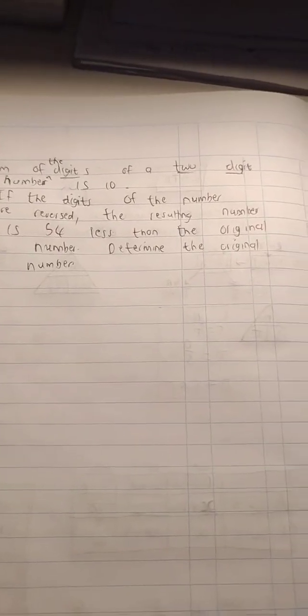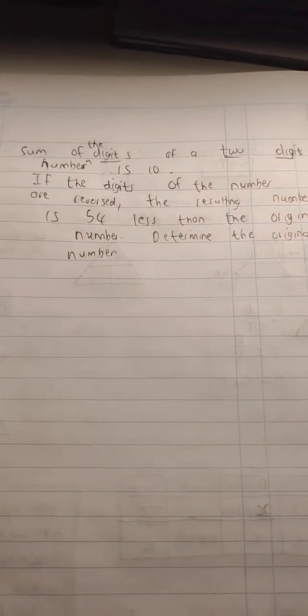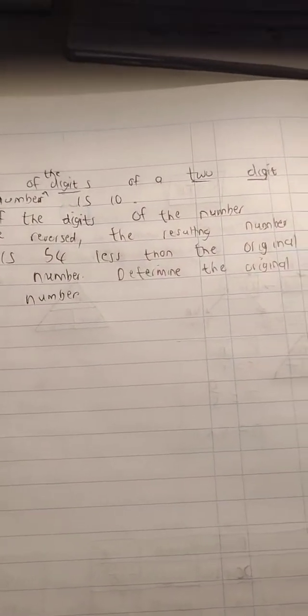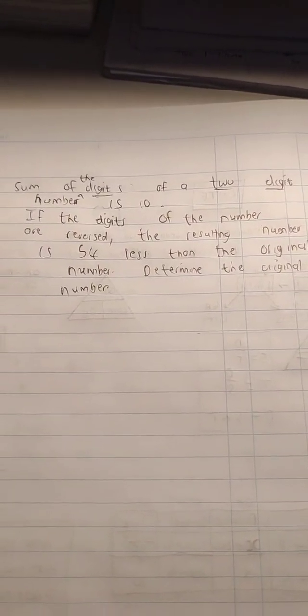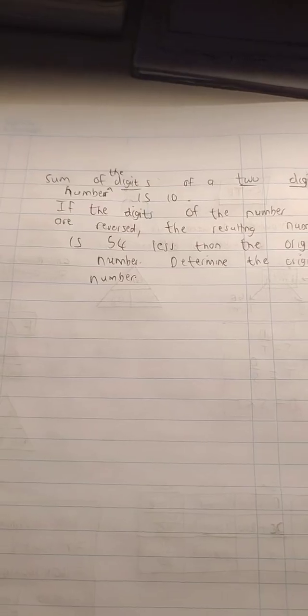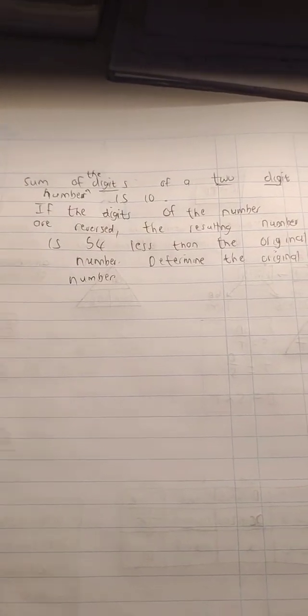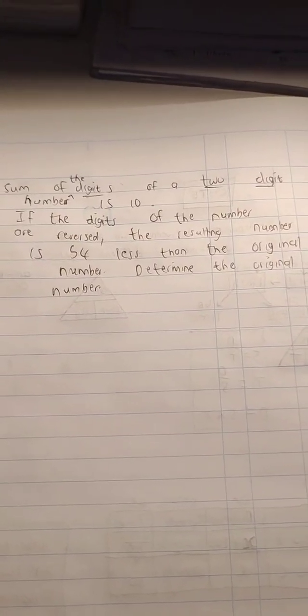Now, these are basically questions that revolve around numbers, okay? And this is a sweet, nice example whereby we can see that sometimes our word problems lead us to a simultaneous equation situation, okay?